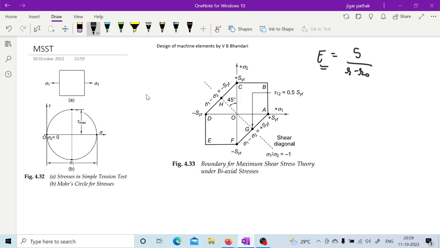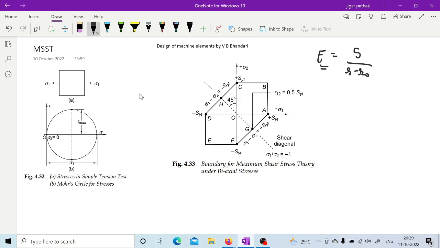Okay, sir. Now, for the previous figure, the sigma 2 is the stress in y direction, isn't it? Yeah.